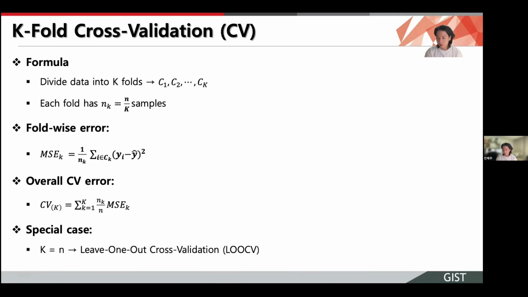Then the overall k-fold cross-validation error is the weighted average of these k errors, CV_k. In other words, we combine the validation errors from all folds to get one final estimate. When k equals n, meaning each observation is used as its own validation set once, this special case is called leave-one-out cross-validation.